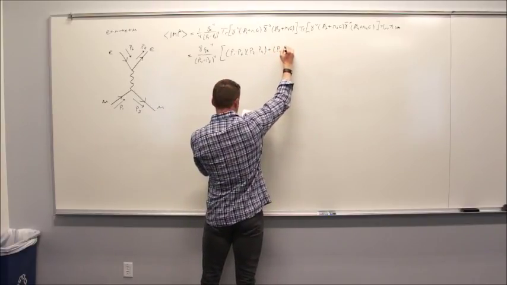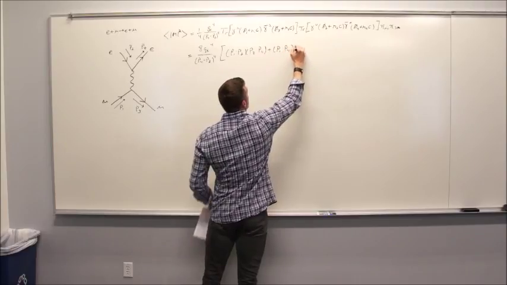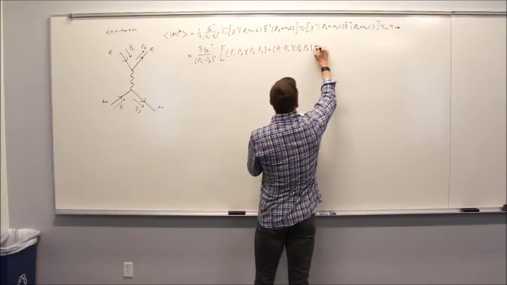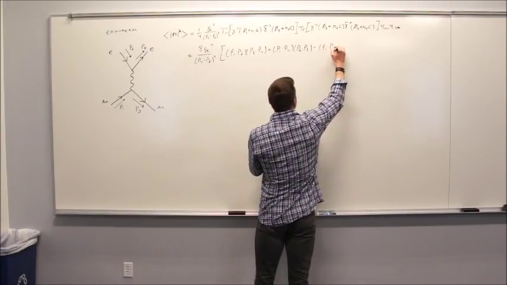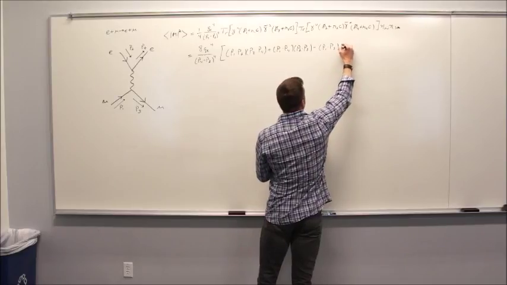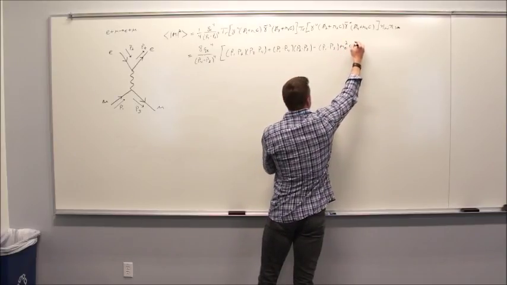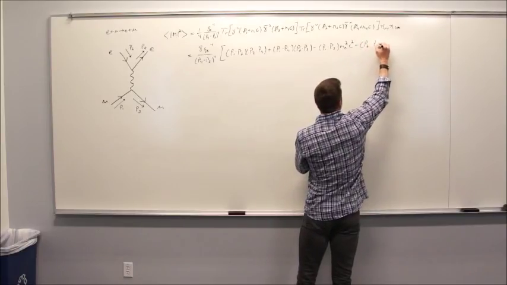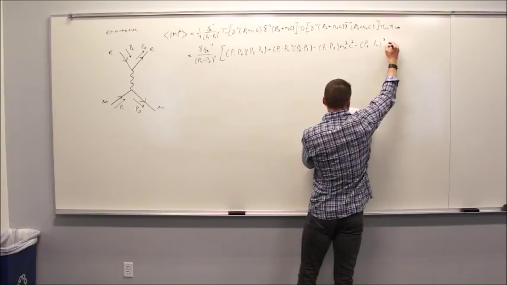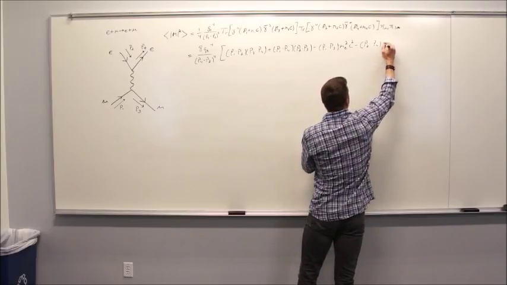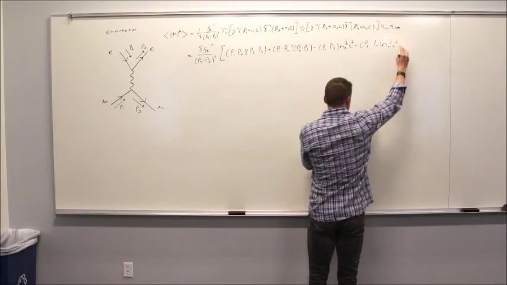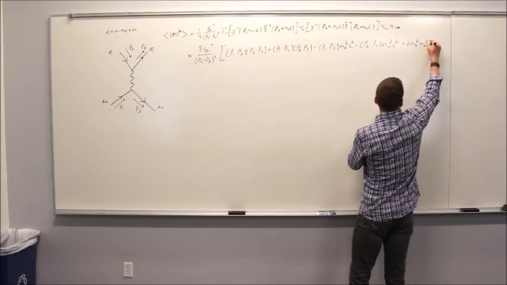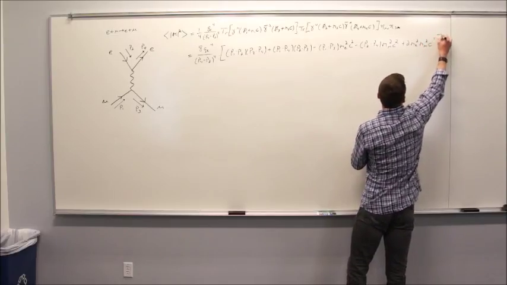Plus (p1 dot p4)(p2 dot p3). And correcting the typo, (p1 dot p3) m_e squared c squared minus (p2 dot p4) m_mu squared c squared, it is not squared, and then plus 2 m_e squared m_mu squared c to the fourth. Okay?